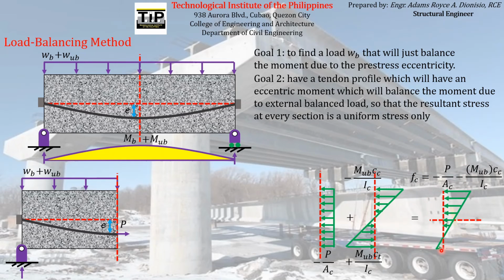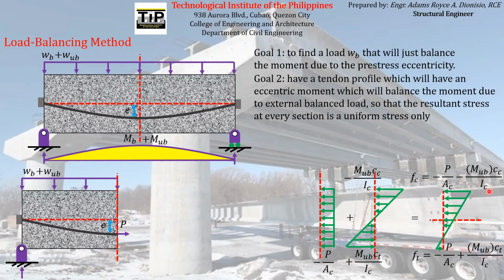And similarly, the total stress acting at the bottom fiber is just the sum of the stress here, negative P over AC, and this stress here, which is MUBCT over IC. So those are actually the formulas that you will use to find the total stress acting on a concrete element using the load balancing method. So you just have to take note of these formulas.